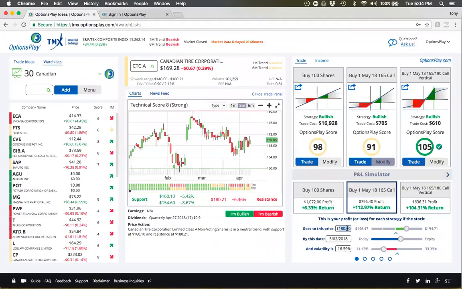We take the delta, we take the gamma, we take all the different more intricate things that go into your option pricing and already calculate it for you exactly. So you just have to know, hey, I think the stock's at 170 right now. I think it's going to go to 180. It takes the delta, calculates it for you, and tells you what the expected profit is and what the expected return is so that you don't have to do any of those calculations on your own. Great question, though. Thanks, Ken.